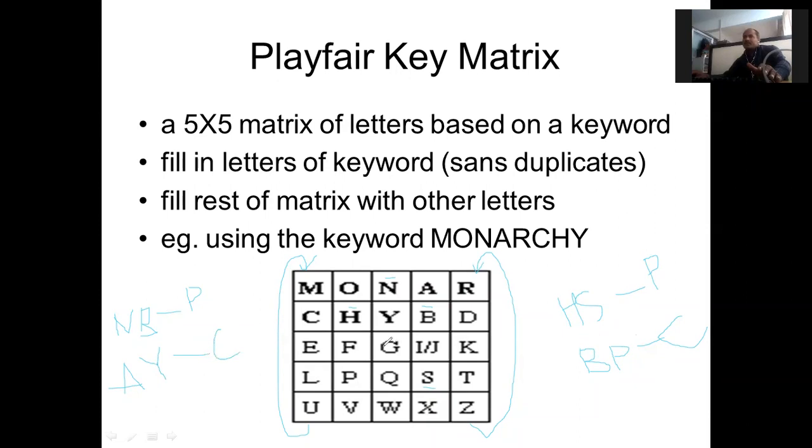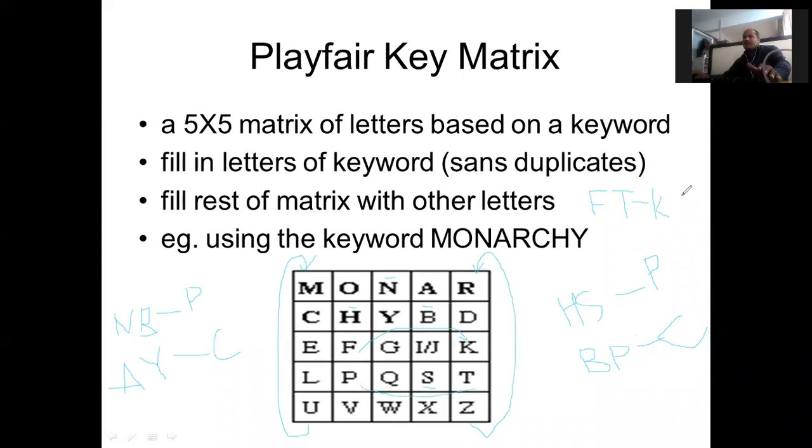Now you can take one more. The plain text characters are F and T. This is the F, and again this is the T. So what are the ciphertext characters for this one? The ciphertext will come as K, and for the T, what will come here?